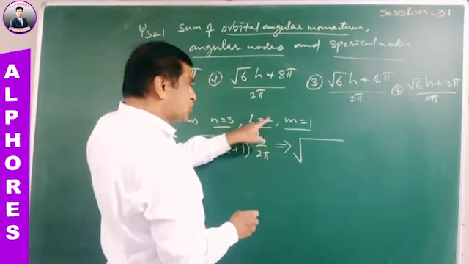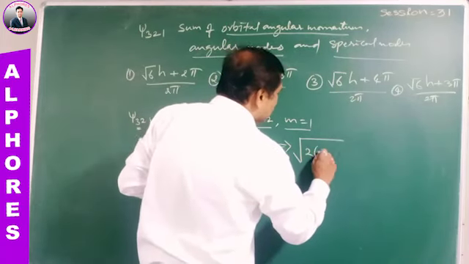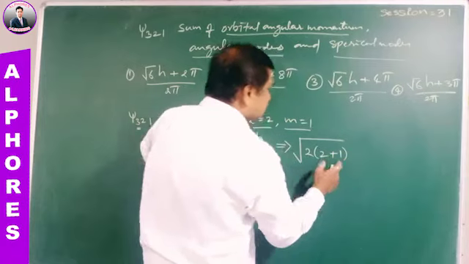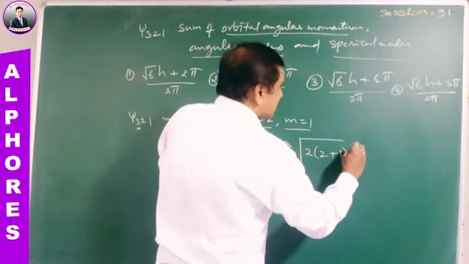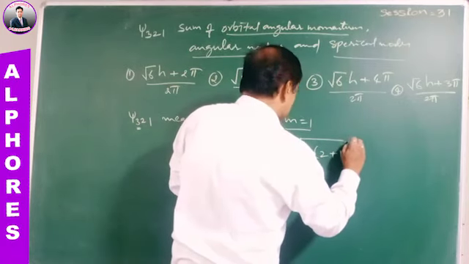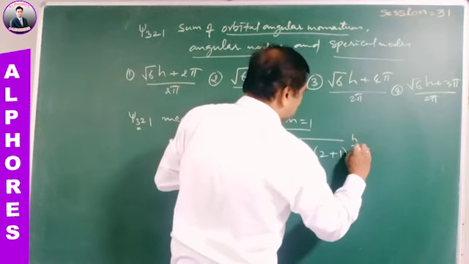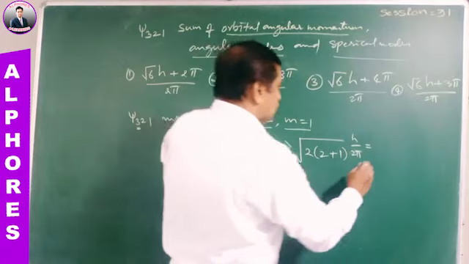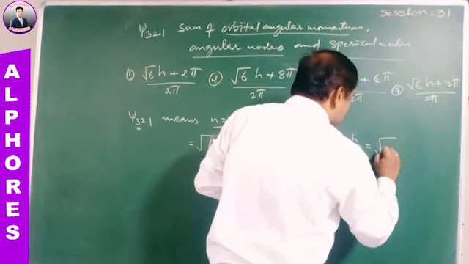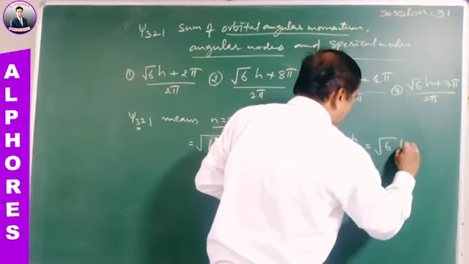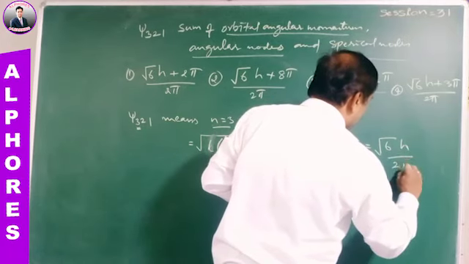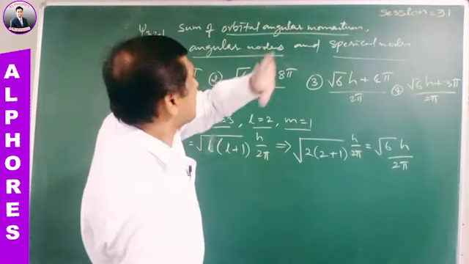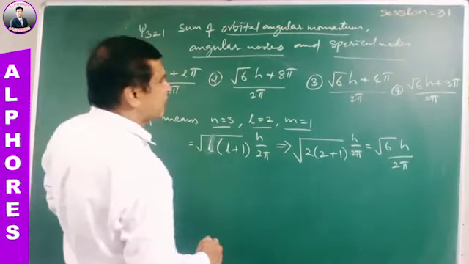So that means 2 into 2 plus 1, that is 2 into 3, which is 6. So it is root 6h by 2 pi. That is the orbital angular momentum.